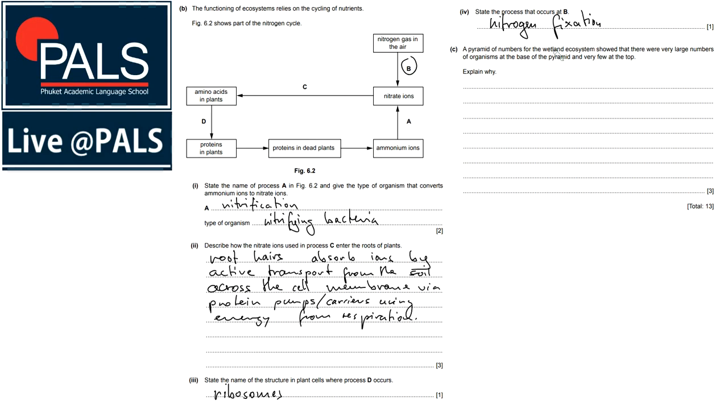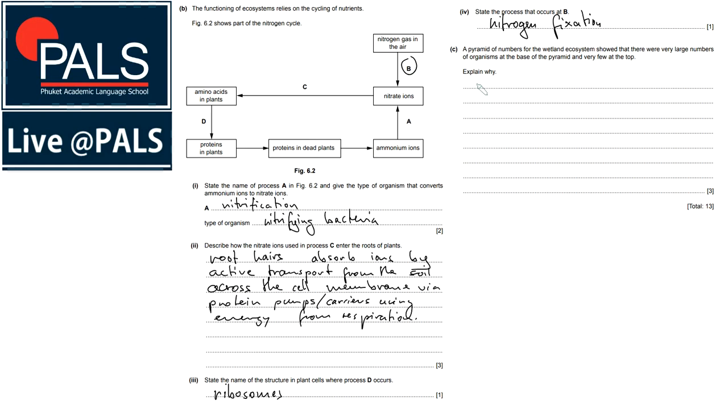And a pyramid of numbers for the wetland ecosystem showed that there were very large numbers of organisms at the base of the pyramid and very few at the top. Explain why.